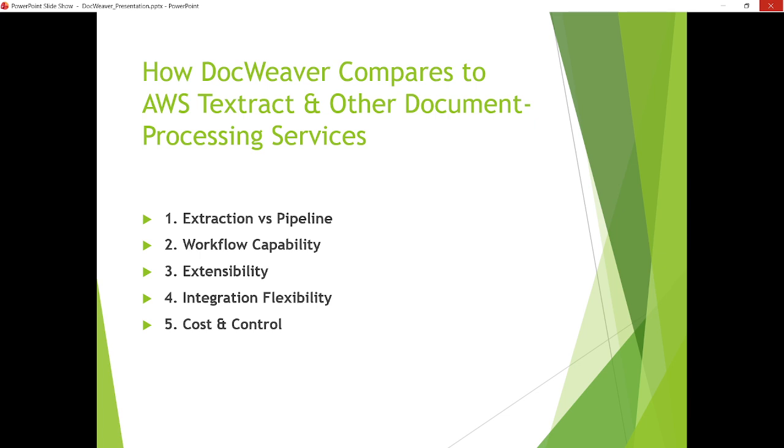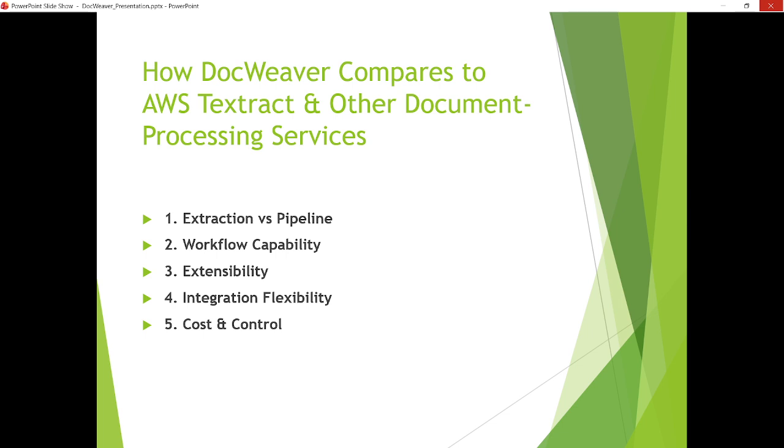DocWeaver is part of a larger document processing ecosystem compared with these industrial-level services. For example, AWS Textract, these cloud services are extremely advanced at OCR. Uploading a PDF to Textract gives you text, tables, and detectable fields. Very amazing results you can get.